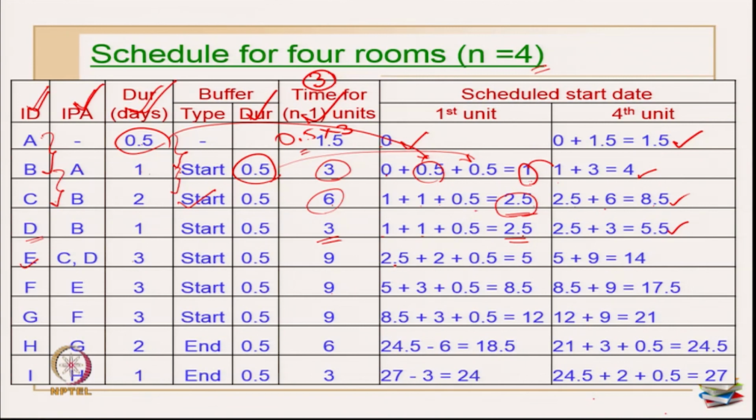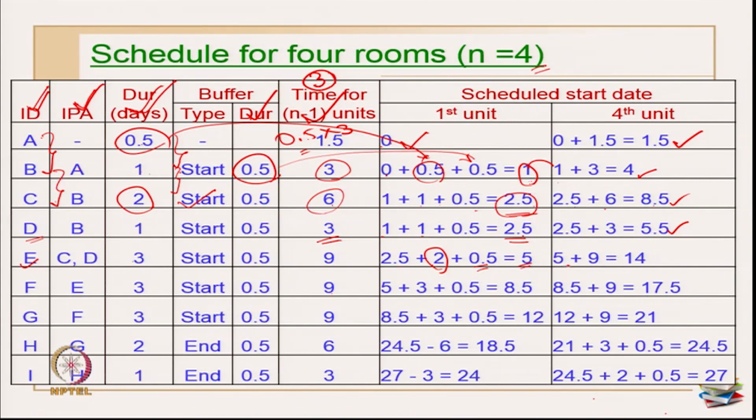Now, what am I going to do? Both these values are 2.5, so I am going to start at 2.5 plus duration of activity C, which is 2, coming from here. So, this is 2 plus 0.5, the buffer between C and E, both are the same. So, I am going to add this 0.5. So, this becomes 5 for me.